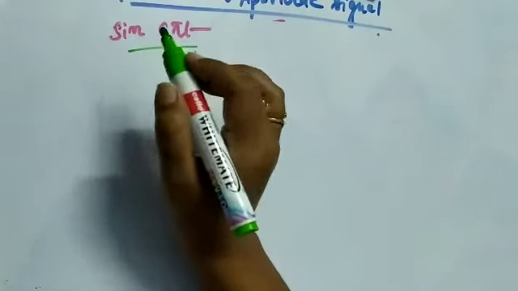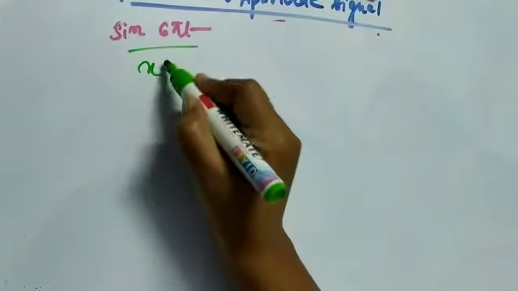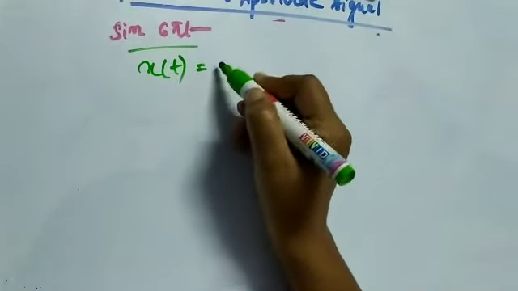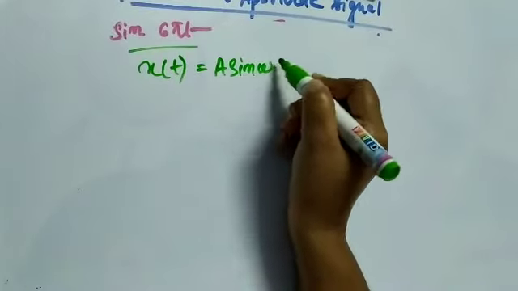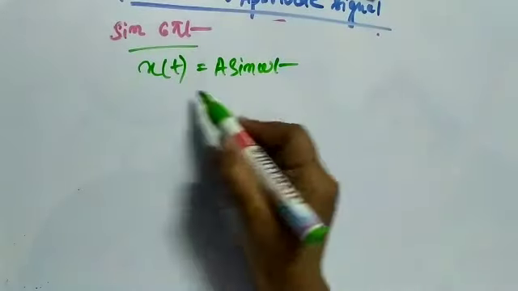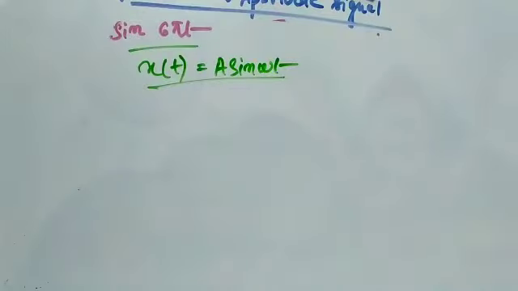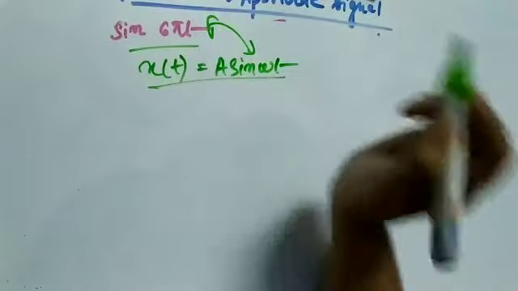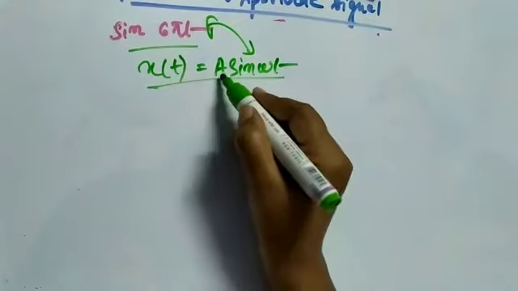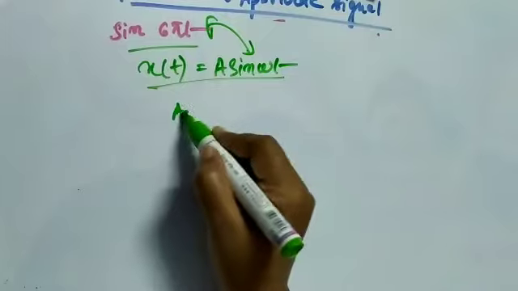if you consider a sine signal, in a previous class I already discussed that a sinusoidal signal is represented by A sin omega t. This is the general equation for a sinusoidal signal. So if you compare these two, then you can see here the value of A is equal to 1.